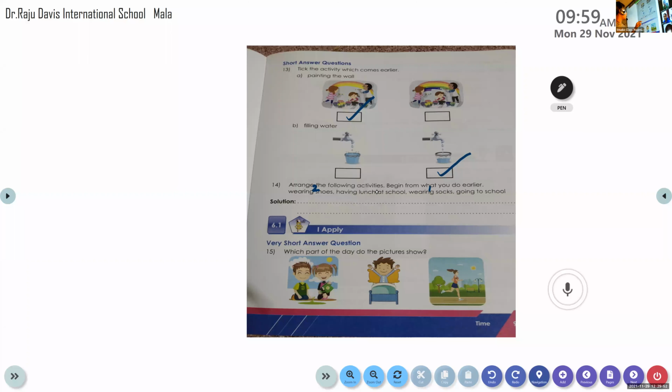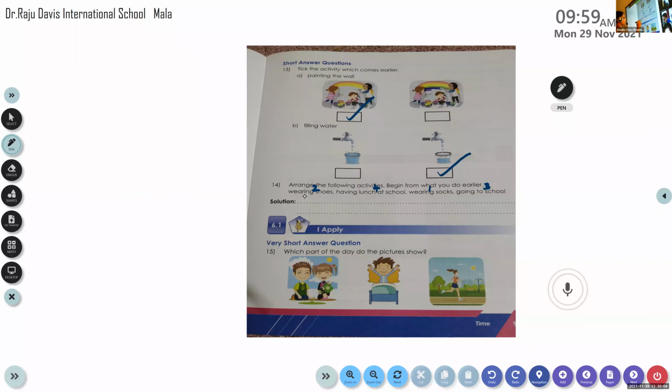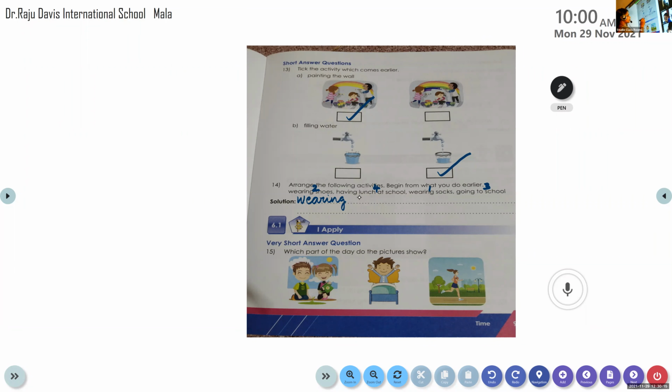Okay, now we can write below. The first one, we have wearing socks. So all of you please write wearing. You can look at the question itself, there is the answer. So wearing socks. Then you can put a comma. Wearing shoes.